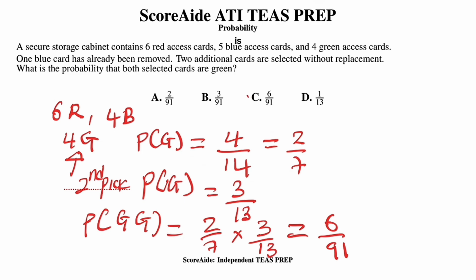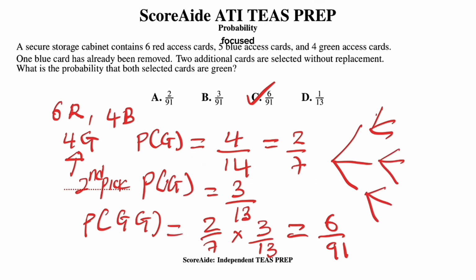And the answer is C, right? Let me know if you have any questions. You can easily solve this with a tree diagram, right? Here I'm going to be focused on green. So if we have green and green there, the probability of green is 4 over 14.